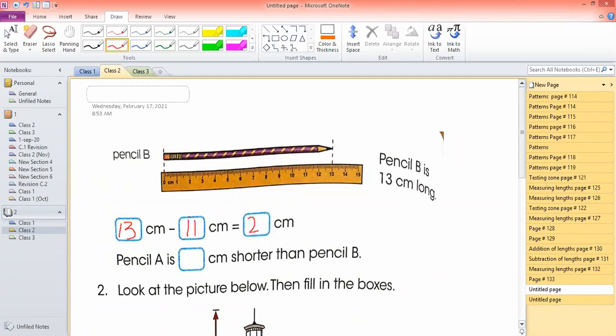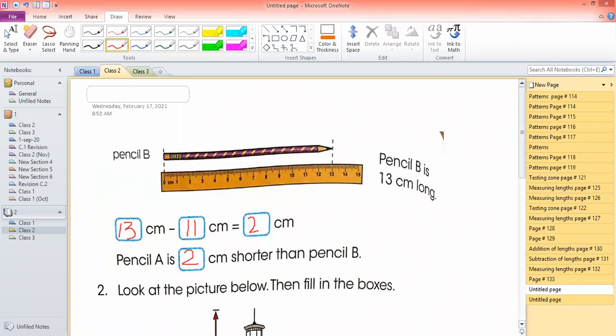And then you can say pencil A is 2 centimeters shorter than pencil B.